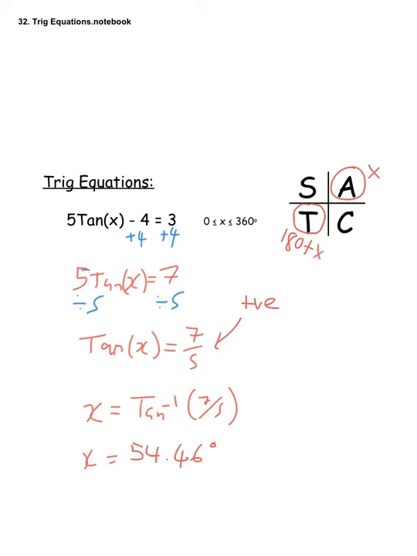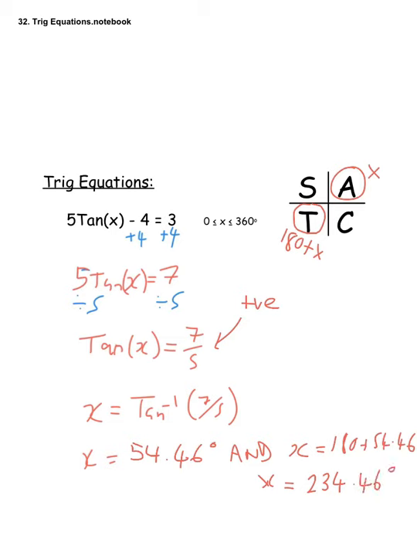So tan x can equal 54.46 and it could also equal 180 plus 54.46, which is equal to 234.46 degrees.